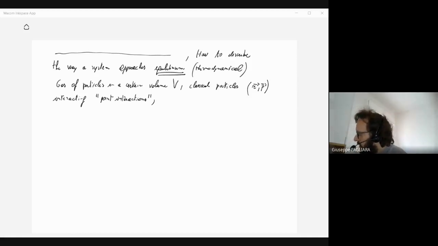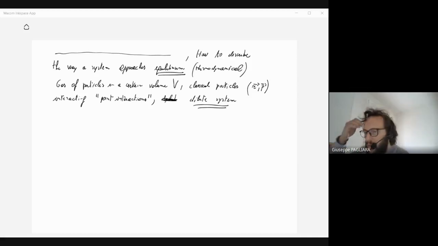And another assumption that we will make is that the system is dilute, okay? Dilute system, so that the density is not too large.